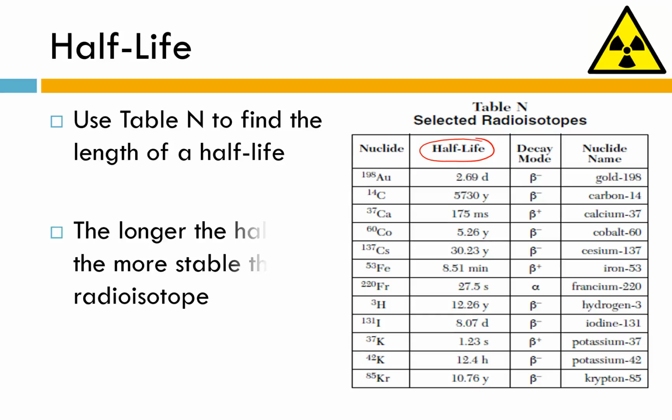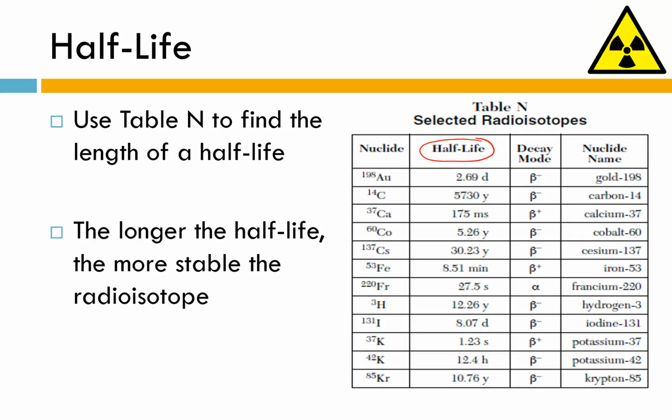It turns out that the longer the half-life is, the more stable that radioisotope is. So carbon-14 atoms take a very long time for half of the atoms in a radioactive sample to decay, whereas something like gold-198 or even less stable, calcium-37, they're going to decay much more quickly, which would lead one to believe that their nucleus is less stable.